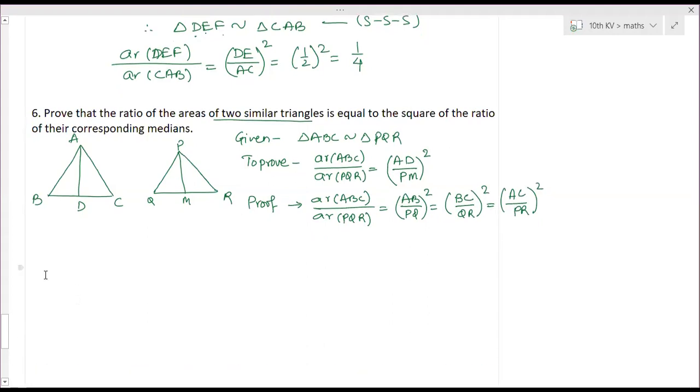Anyone can try. Sharat, can you try? Sharad, are you there?